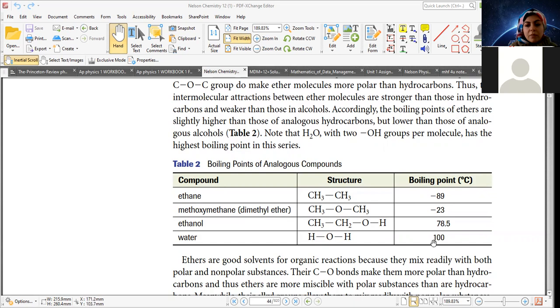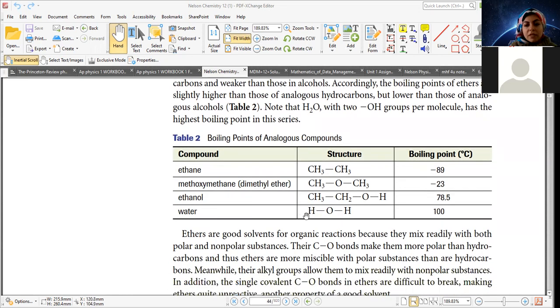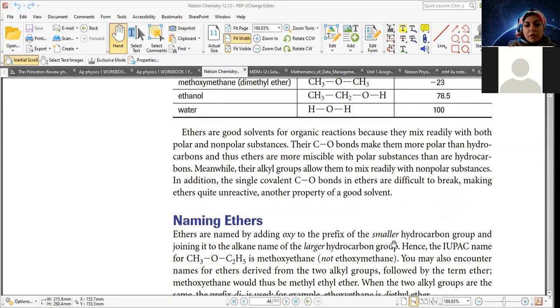If you compare them, OH is a polar bond, the whole molecule is a polar molecule. That's why it has a higher boiling point compared to ether and ethane. Ether is slightly polar, that's why its boiling point is higher than alkanes. Alkanes have a lower boiling point because they are non-polar molecules. And of course, H2O has the highest boiling point.